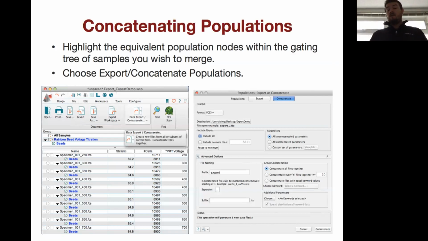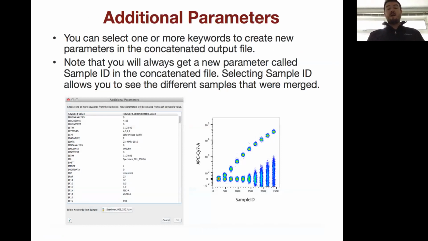So in that way, you could do things like the titration experiment that we looked at. You could enter the concentrations for your various samples as a keyword, and then turn those keywords into a parameter in the resulting concatenate. Again, if you have any questions on this, it can be a little bit complicated. Feel free to reach out to myself or to tech support.